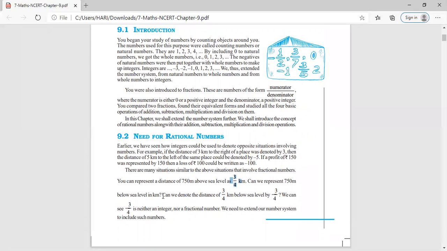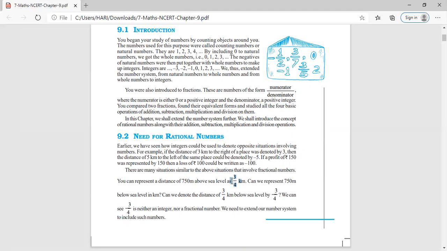How will we represent 750 meters below sea level as a fraction? You know, 1 kilometer is equal to 1000 meters. So 750 meters we can represent as 750 upon 1000 kilometer, and in reduced form, we can represent it as 3 by 4 kilometer.